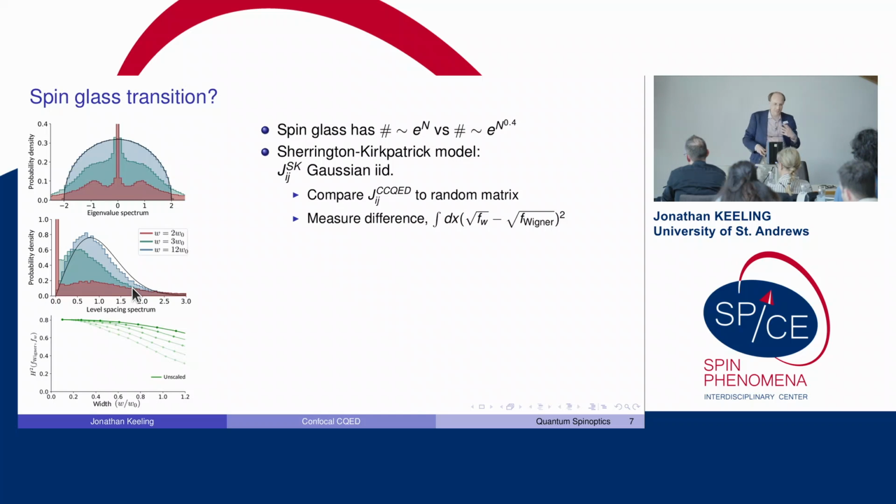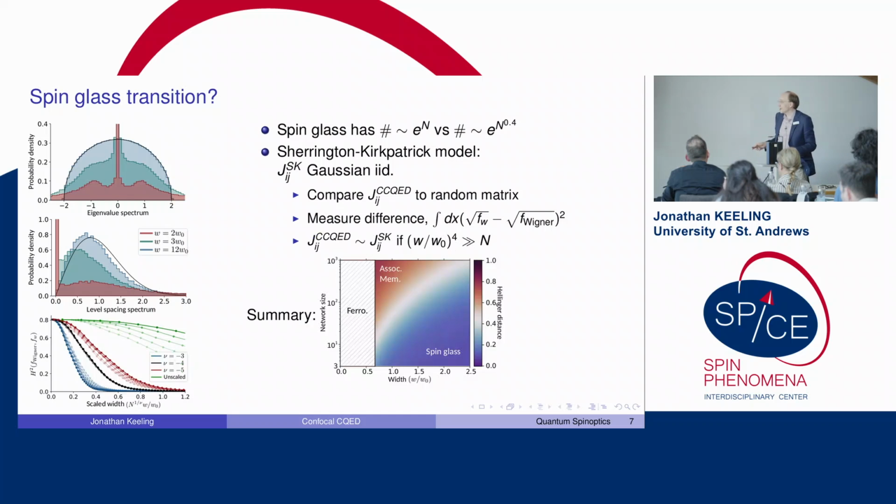The set of lines here is again for different system sizes. Again, it looks like it's system size dependent, but once again, with appropriate rescaling, you find there is a kind of universal curve of how the overlap between the distributions varies as a function of the width. And that suggests, again, there is some kind of critical width, which in the large system size limit becomes sharp, at which point you get a transition to something with exponentially many minima.